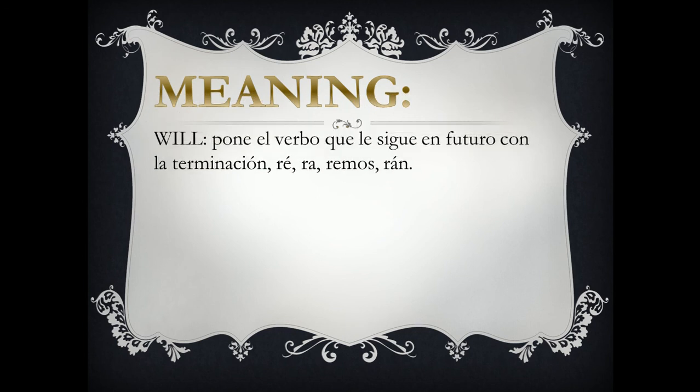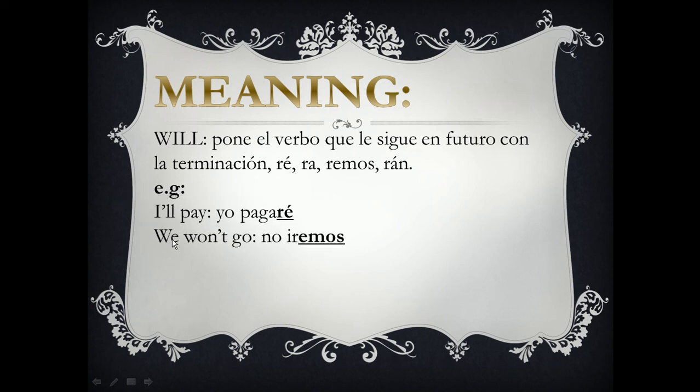will. Pone el verbo que sigue en futuro con la terminación rán. For example, I'll pay. Contraction, yo pagaré, which is this. Yes. Yo pagaré. And then we won't go.